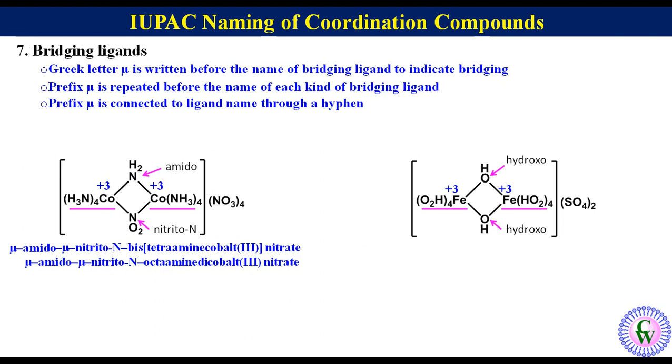So we can write its name as di-mu-hydroxo-bis(tetraaqua iron(III)) sulfate or di-mu-hydroxo-octaaqua diiron(III) sulfate.